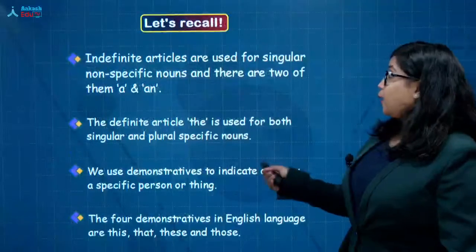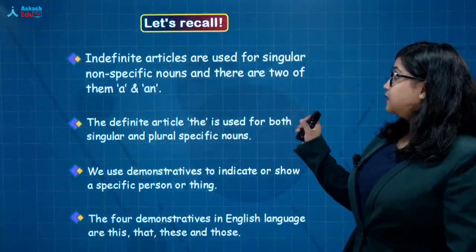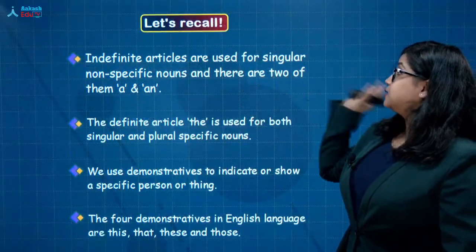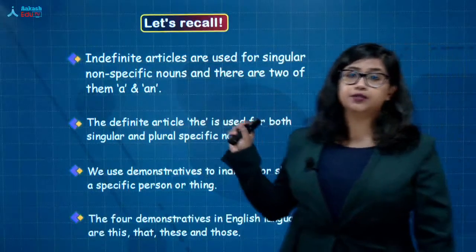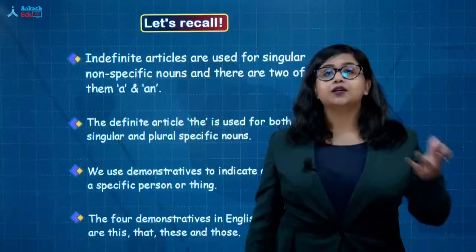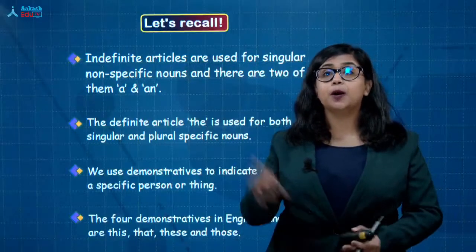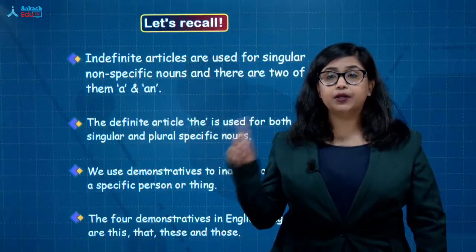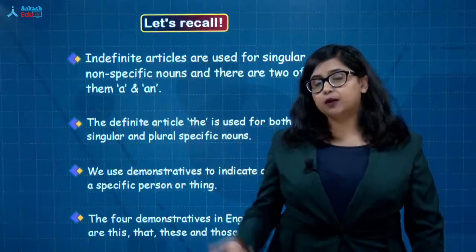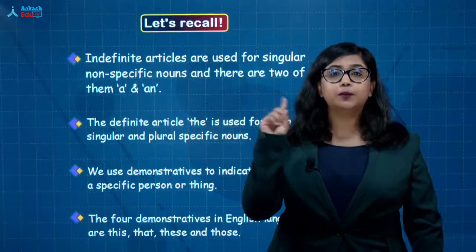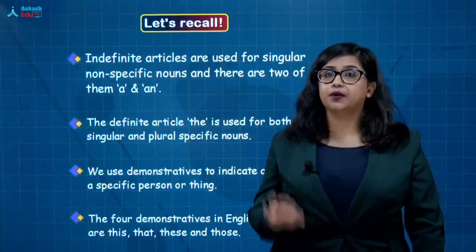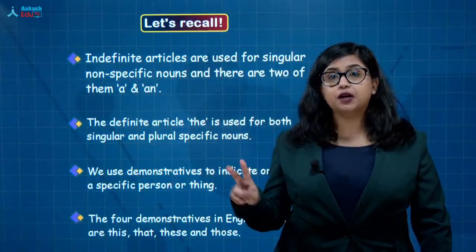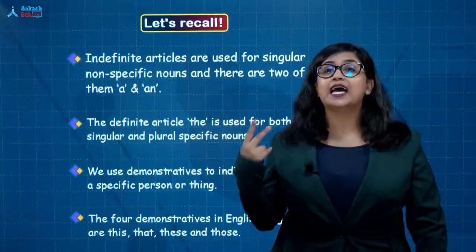Indefinite articles are used for singular and non-specific nouns. Whenever we talk about one noun in general, that is when we use an indefinite article. There are 2 of them, a and an.